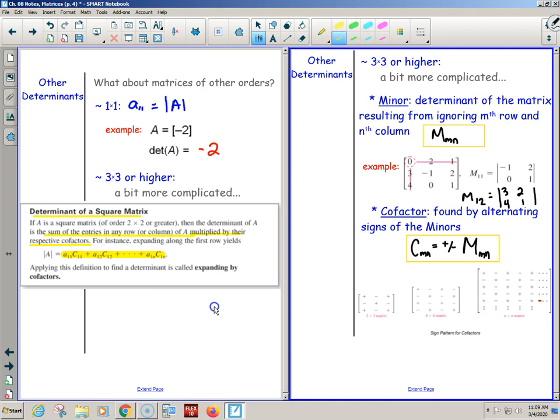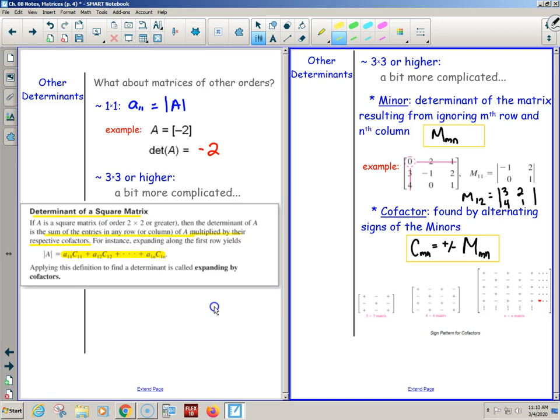We'll have to ignore the first row, first column to see what's within. But if I ignore 1, 2, I'm ignoring the first row, second column. What's underneath, what's within? Well, it's going to be partially here and partially here. If I'm ignoring the first row, third column, then I'm going to be taking what's over here. Minors: ignoring a certain row, ignoring a certain column, and seeing what's left.